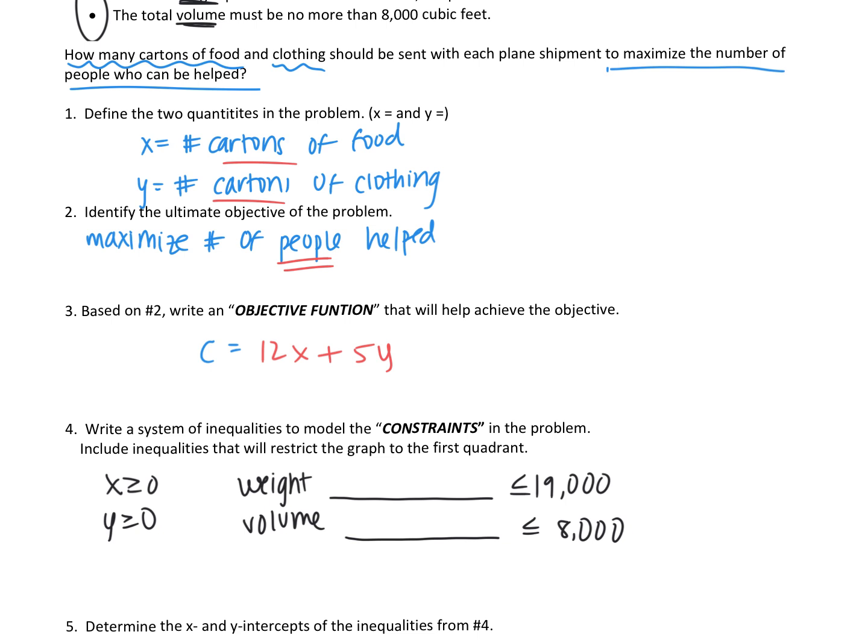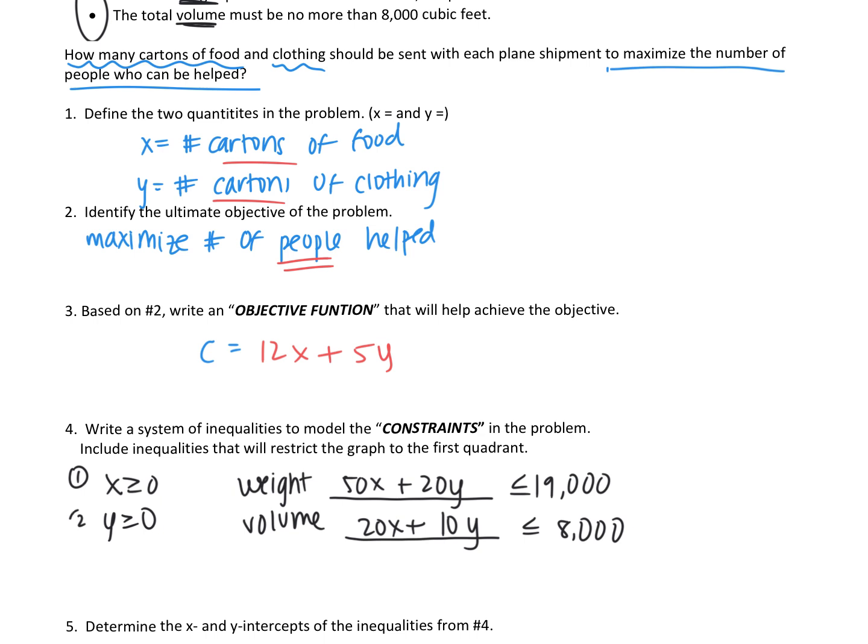We are told the cartons of food are 50 pounds, so that's going to be 50X. Box of clothing weighs 20 pounds, so that's going to be 20Y. Likewise, for volume, the box of food is 20 cubic feet, and then the box of clothing is 10 cubic feet. So those are our 4 constraints.